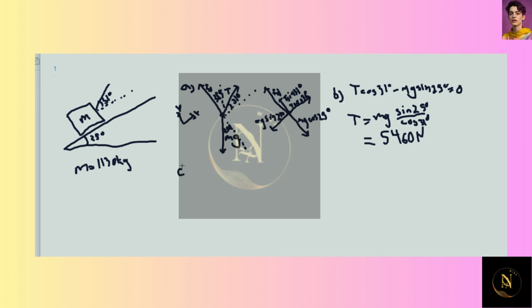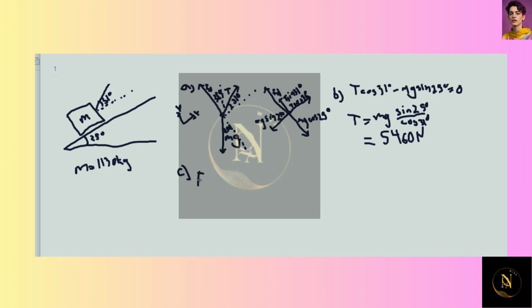In the final part, they ask you to find the magnitude of the force of the ramp pushing up against the car. So we've called that Fn, the normal force here. So let's write out our Newton's second law in the y direction here.